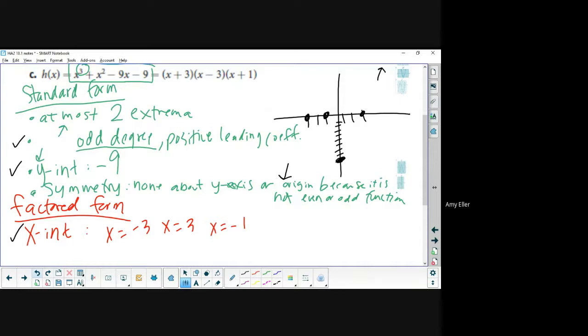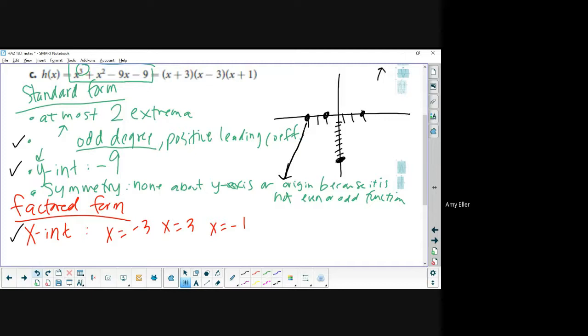The other two I don't graph. Just make sure you note, hey, it shouldn't be symmetrical, and it should have at most 2 extrema. So connect those. Some students have a hard time connecting these. They're all a little different. So you know this starts down, so it's going to have to touch this x-intercept.